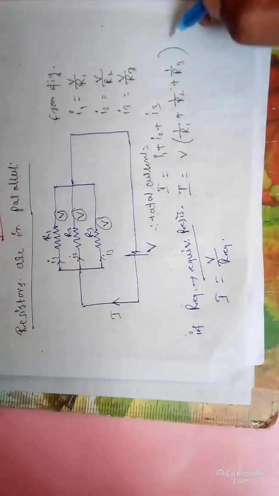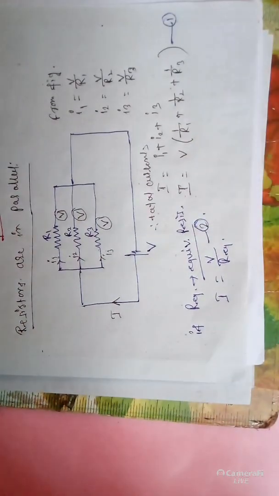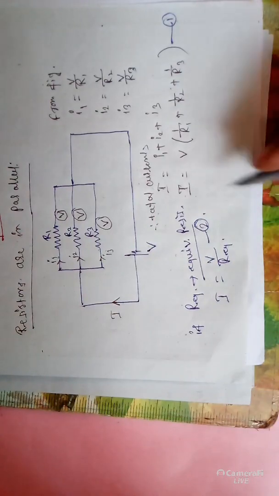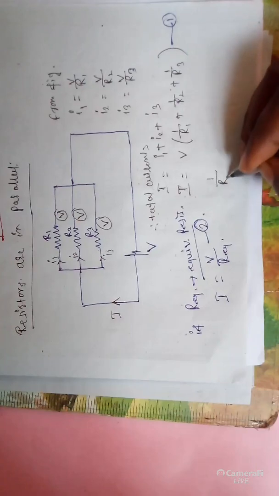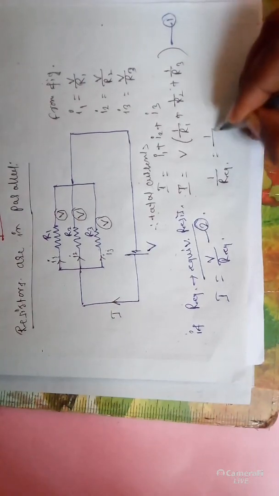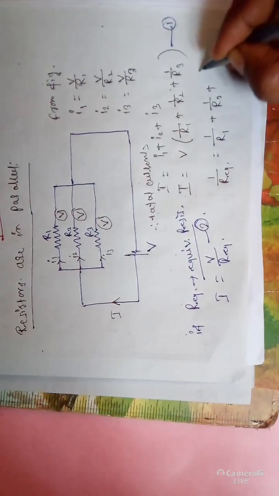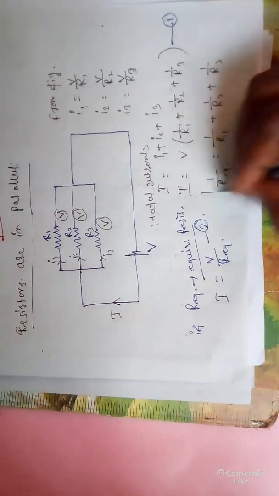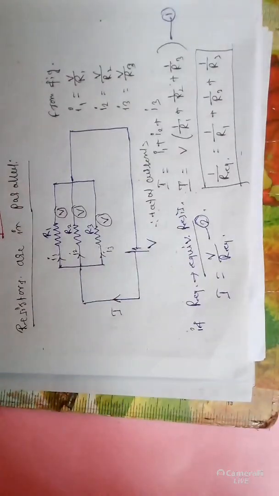So from these two equations, this is equation 1, this is equation 2, from 1 and 2 you can easily write 1 by R equivalent is equal to 1 by R1 plus 1 by R2 plus 1 by R3. This is the value of equivalent resistance. Clear?